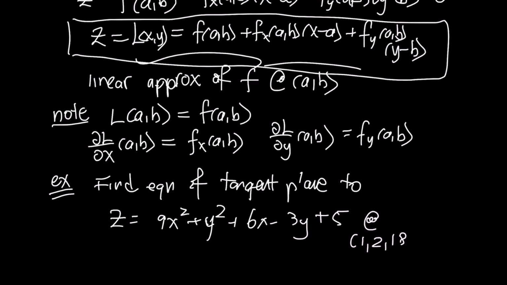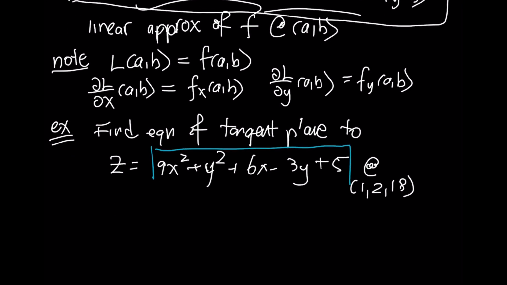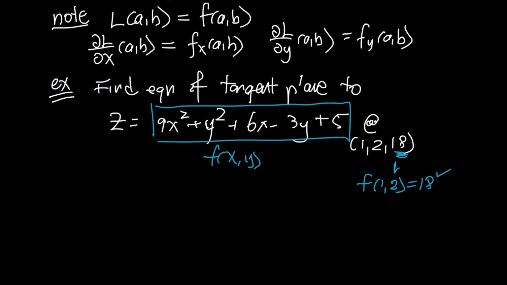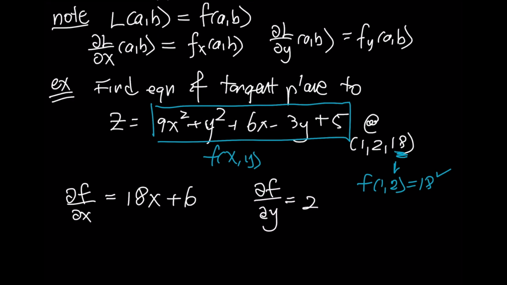This function is a function of two variables, and this value means that when I plug in 1, 2 into this, I should get an 18. So the equation of the tangent plane is going to require partial derivatives. The partial derivative with respect to x here is 18x plus 6, whereas the partial derivative with respect to y is going to give me a 2y minus 3.